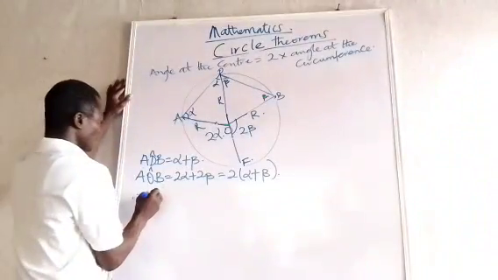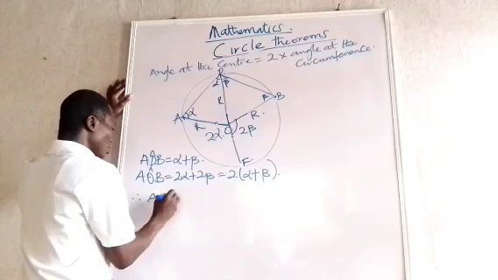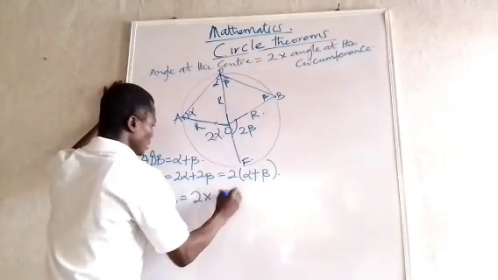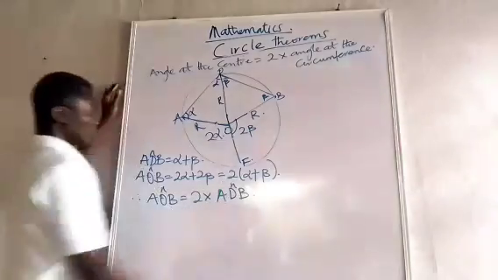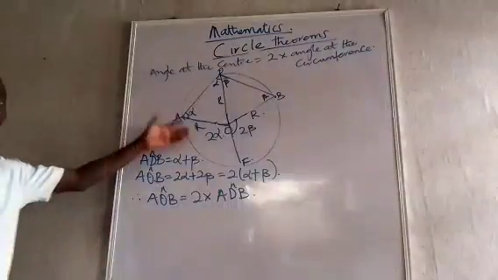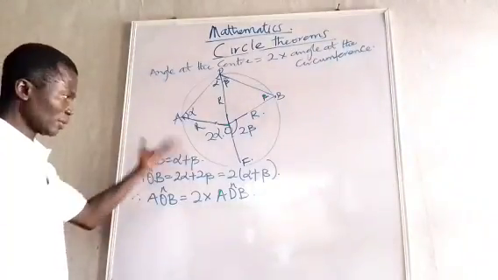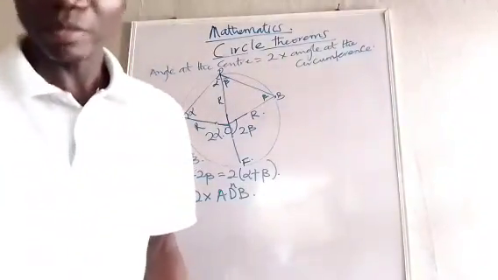Therefore, angle AOB is equal to 2 times angle ADB. So, from the figure, you can easily decipher it. And if you want me to write it out, I can easily do that. But from the ones you have written out, I don't think that's necessary again.